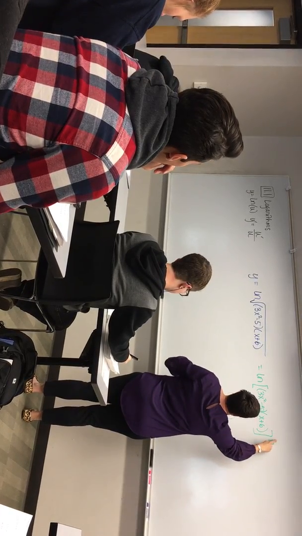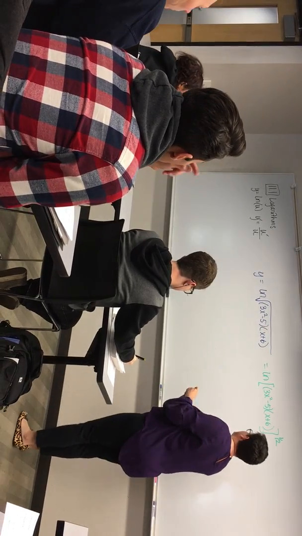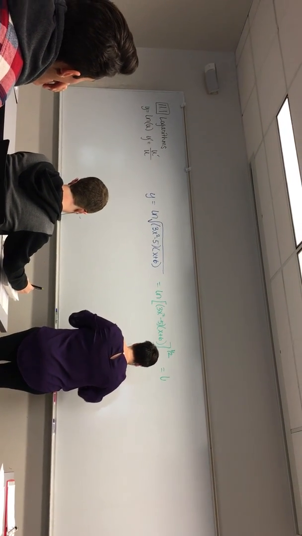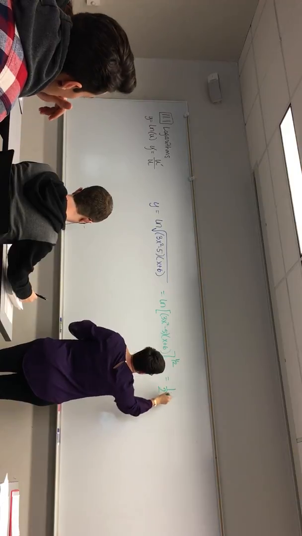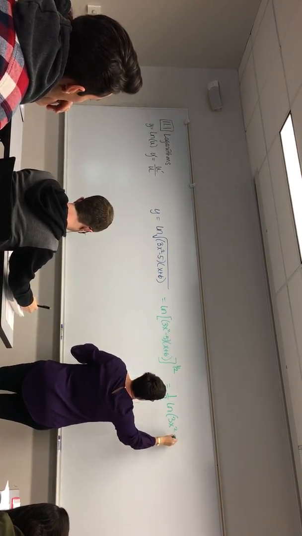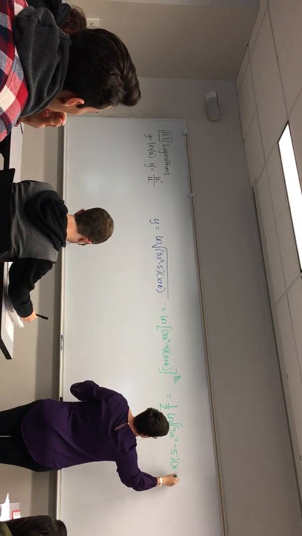Now what can I do with that 1/2? Bring it down. I'm absolutely going to bring it down. So that becomes 1/2 natural log of 3x squared minus 5 times x plus 6.